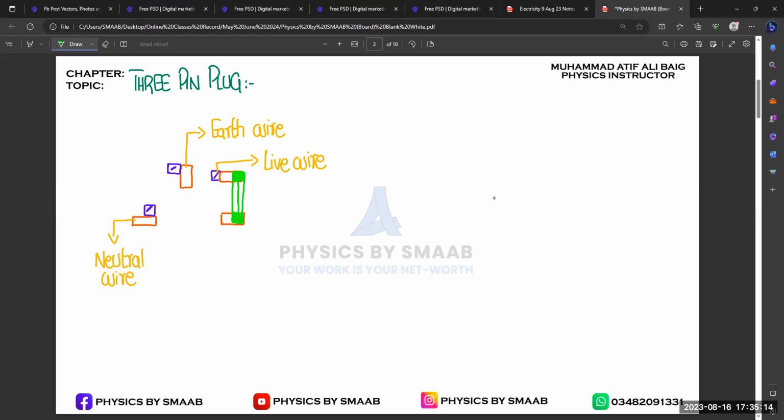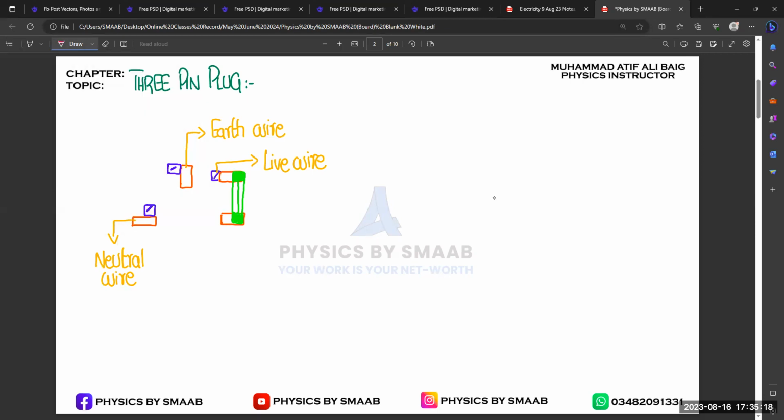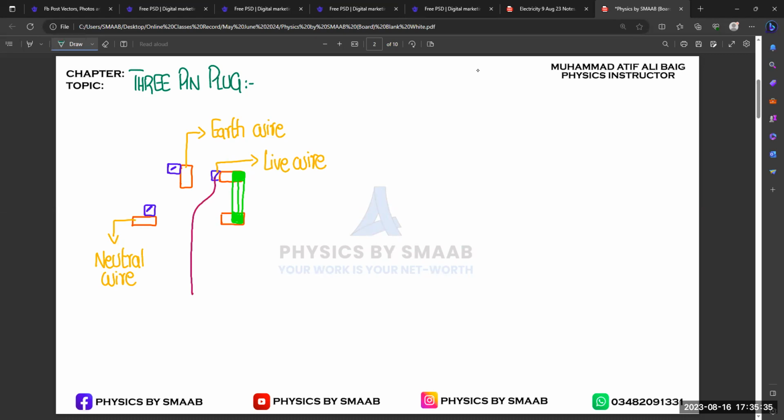So first of all, the main thing that we need to discuss: let's suppose we have three wires passing from each terminal, like this. One wire is coming from this one, and then we have a second wire that is coming from the left-hand side.